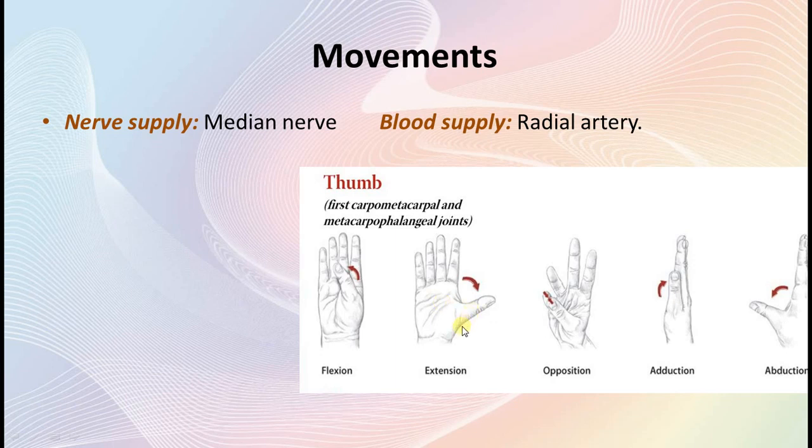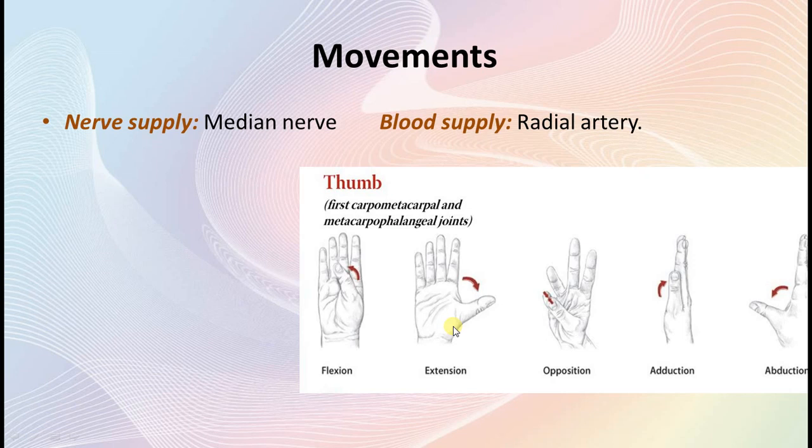Because of its medial rotation, the palmar aspect of the metacarpus has become medial and the dorsal aspect becomes lateral. So it is somewhat differently oriented as compared to the other metacarpal bones.